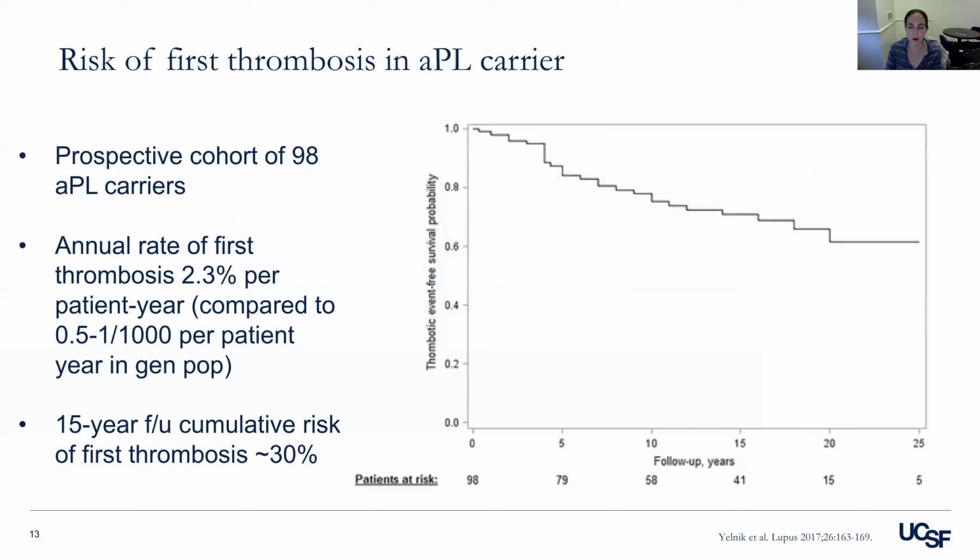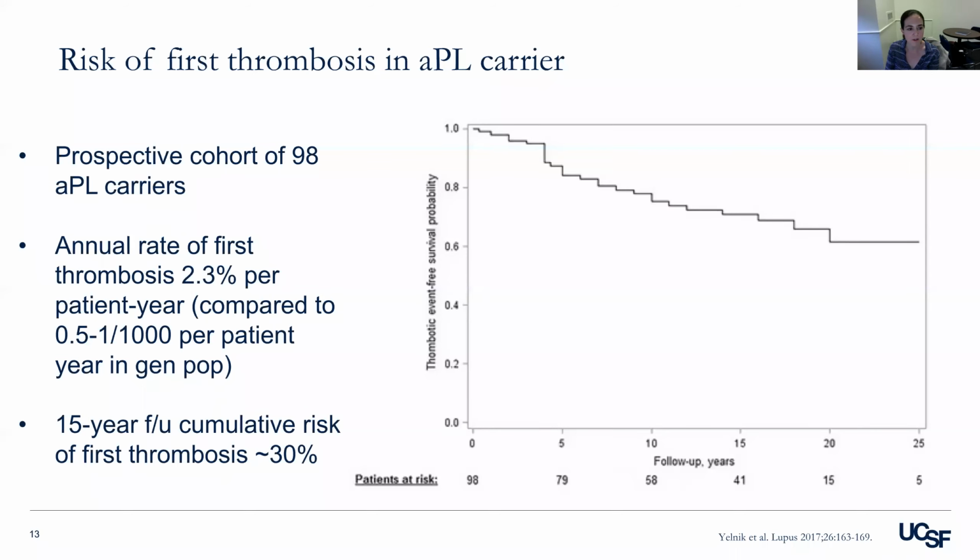So what do we know about the development of thrombosis in patients who are APL carriers? This study, published in Lupus in 2017, is the largest prospective cohort of APL carriers that was followed for the longest period of time. They looked at about 100 patients who were positive for antiphospholipid antibodies, but who had had no known thrombosis at the onset.